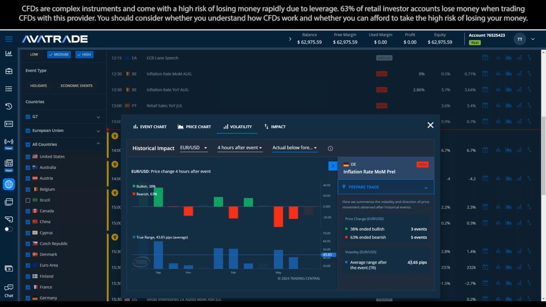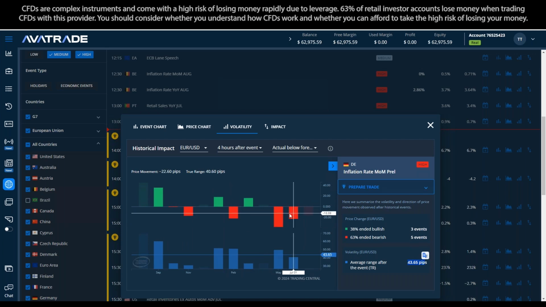And we're talking pretty significant distances, over 43 pips average range movement. And so there's opportunity there to follow what we call data-driven trading, in the direction that you think makes sense based on this information from the past.